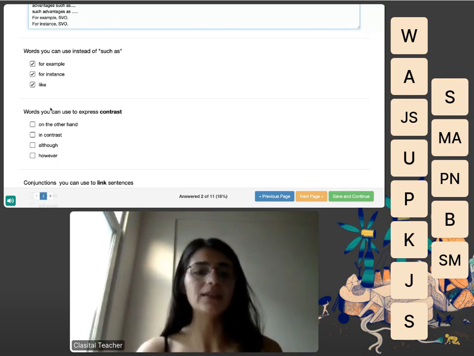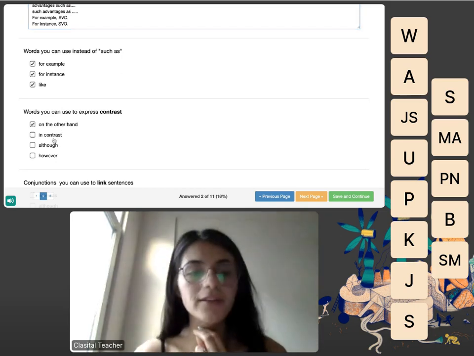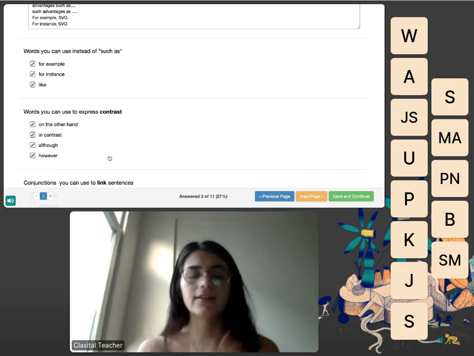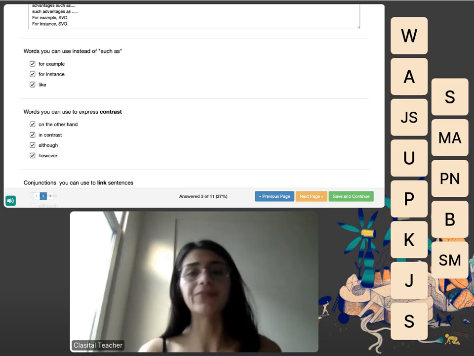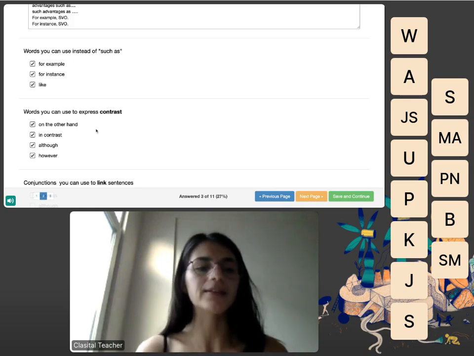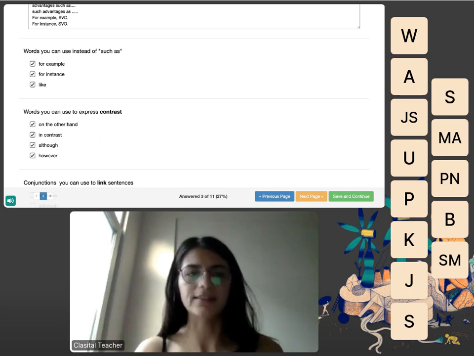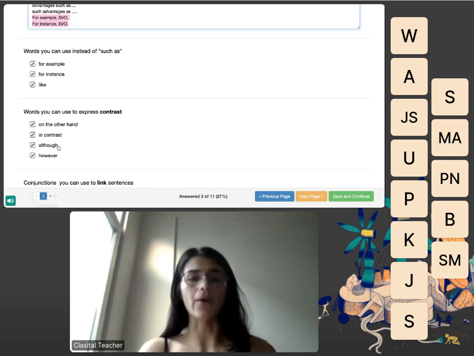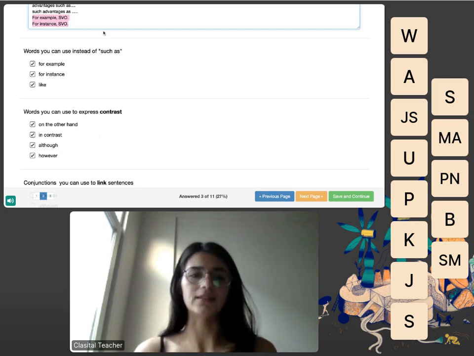And to do that, we can use contrasting linking words, such as on the other hand, in contrast, although, and however. They're all correct. We can use all of them, but then again, they're also used differently. On the other hand, in contrast and however get a comma and a sentence, but although does not get a comma, and it gets two sentences around it.